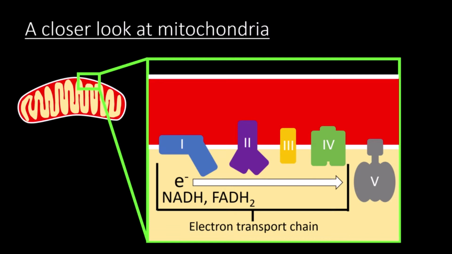And each time these electrons are transported from one complex to the next, hydrogen ions are transferred across the membrane. This transfer creates an imbalance where the protons want to balance out on either side of the inner membrane. However, the ions cannot pass through the membrane, they must pass through complex 5.